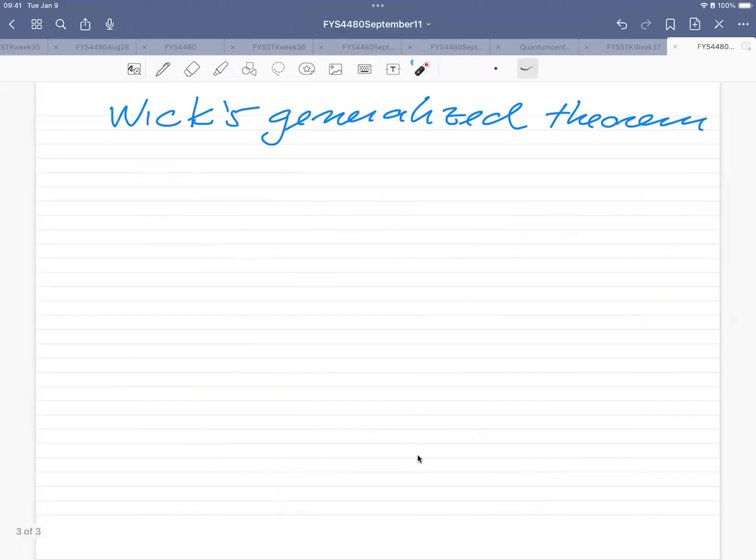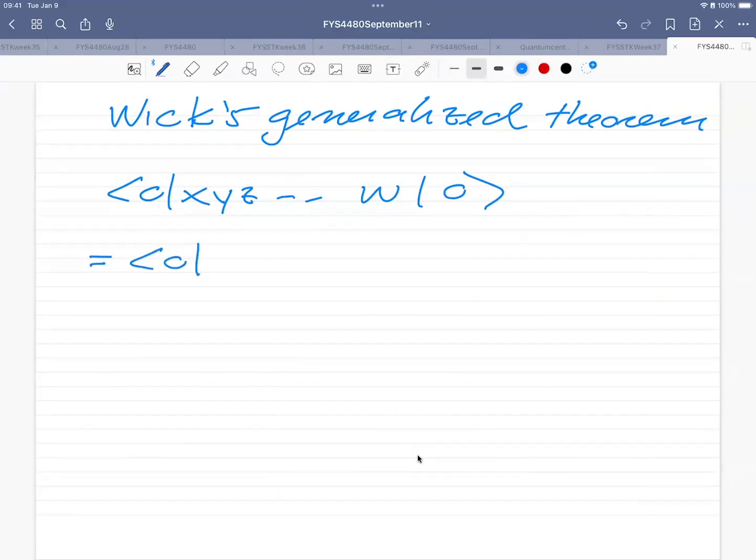So in Wick's generalized theorem, what you have then is this expectation value, X, Y, Z, up to W, where the only term which survives we are now going to write as a specific string. You could think of X and Y as being a string of normal ordered operators up to a given number. So I'm just rewriting this X, Y, Z, W in terms of a string of normal ordered operators.